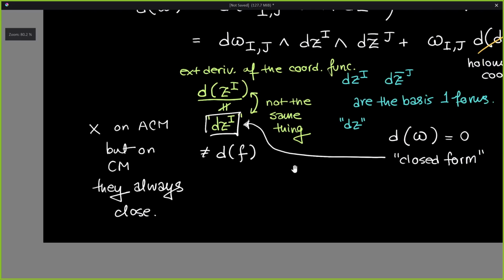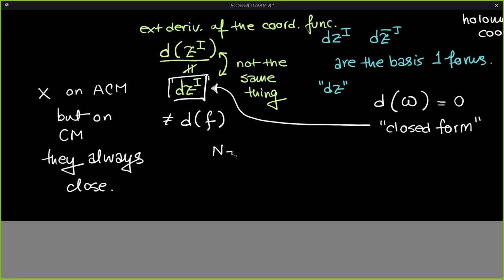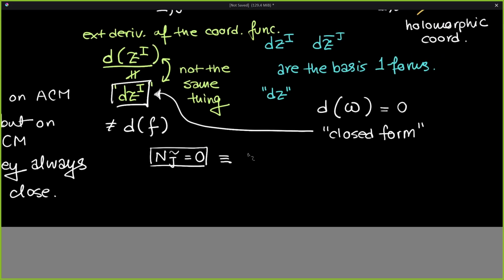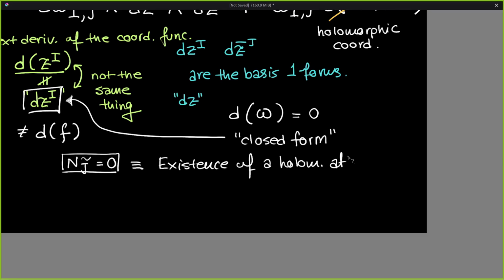So let me take a moment here to say a few things that are equivalent to each other. N J twiddle equals 0 is equivalent to the existence of a holomorphic atlas. We already showed that. Sorry, I keep calling it a holomorphic chart. A holomorphic atlas.